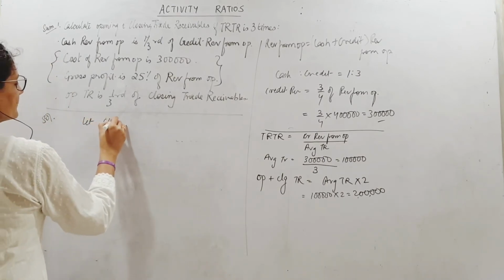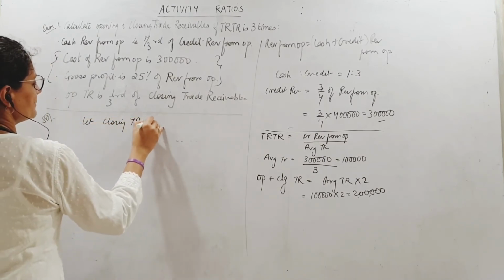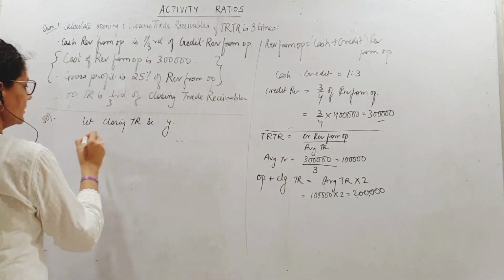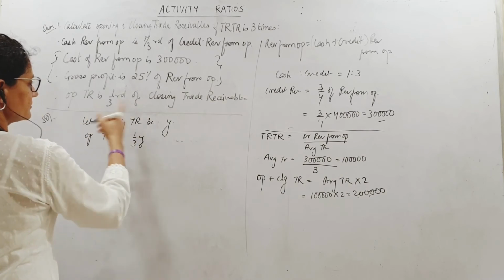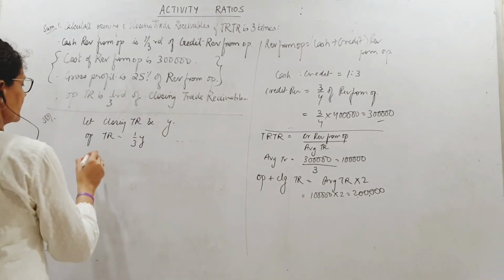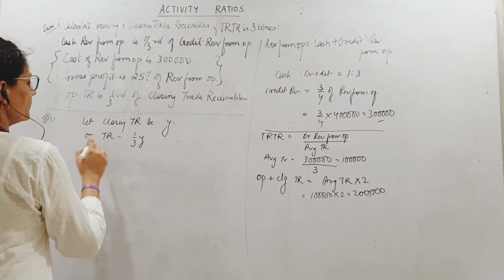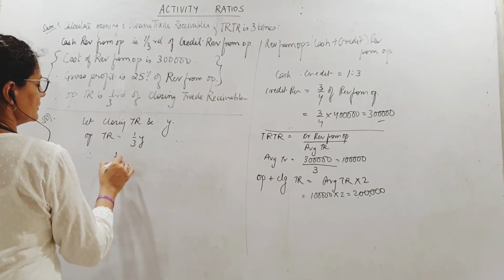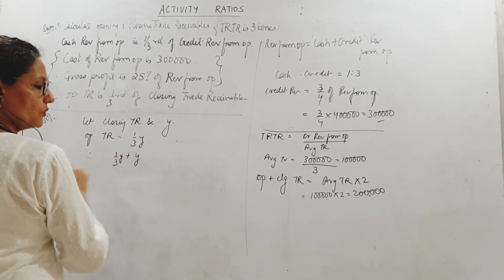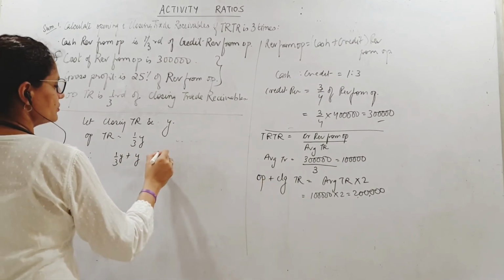So let closing trade receivables be y. Therefore, opening trade receivables is equal to 1/3 of y. Correct? Therefore, opening plus closing कितना हो गया? Opening 1/3 of y plus closing y is equal to 2 lakhs.